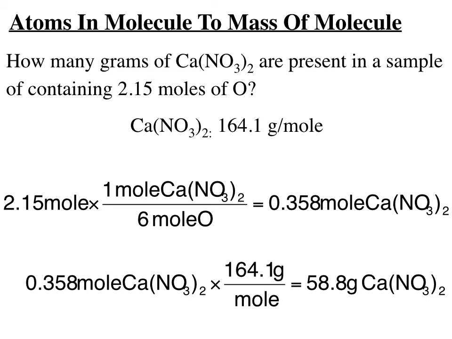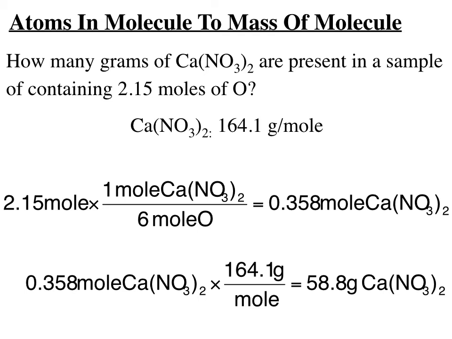Maybe not of course, but if you add up 1 calcium, 2 nitrogens, 6 oxygens, that's what you should find. Then the first thing I'm going to do is take the number of moles of O present and convert it to how many moles of calcium nitrate must be present to have that number moles.